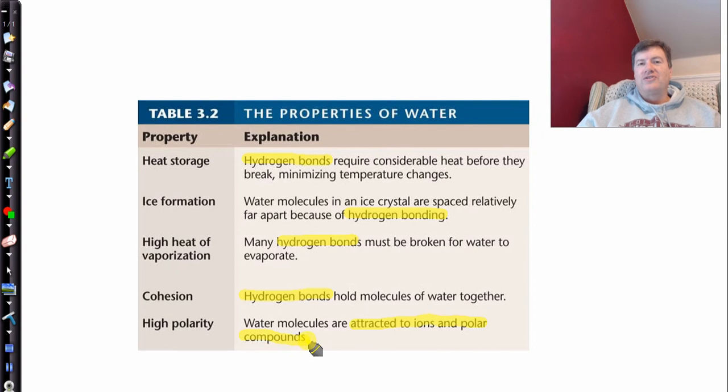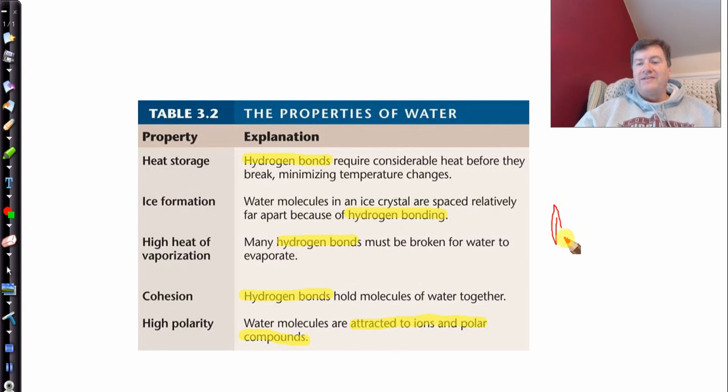So if you put salt, NaCl, which we know is ionic, it's a positive sodium and a negative chlorine. If you put those in water, salt is going to be broken down because water is going to be attracted. In that case, I'll sketch this for you quickly.